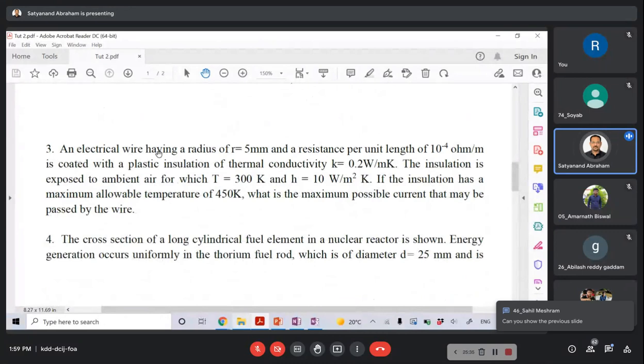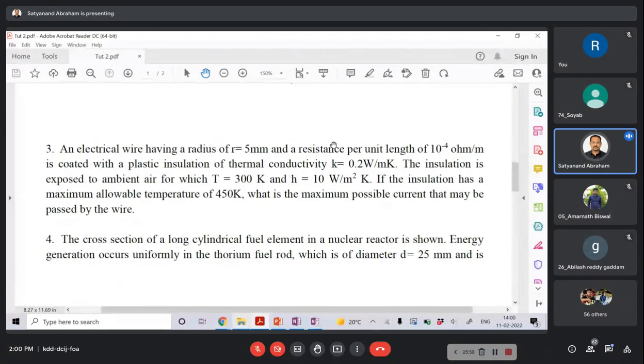An electrical wire having a radius of 5 mm, so it is a solid wire, and a resistance per unit length of 10 raised to minus 4 ohm per meter, is coated with a plastic insulation of thermal conductivity 0.2 watt per meter Kelvin.